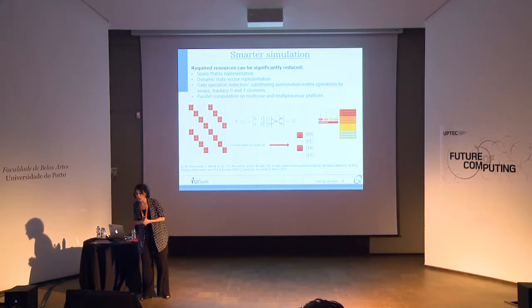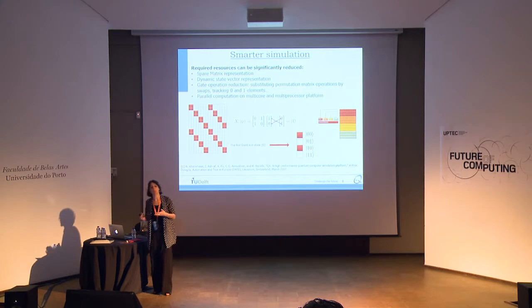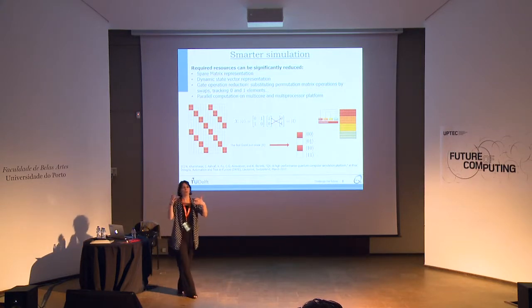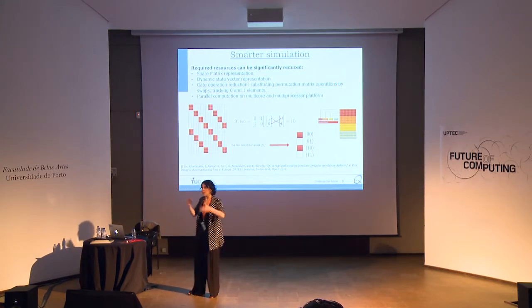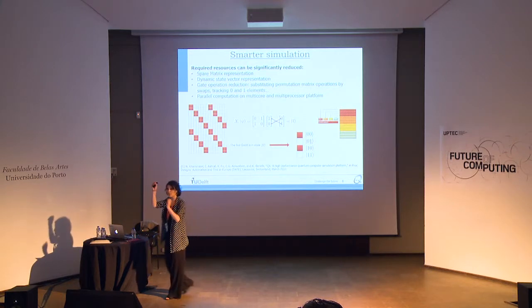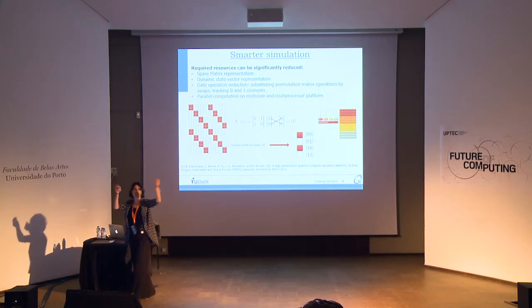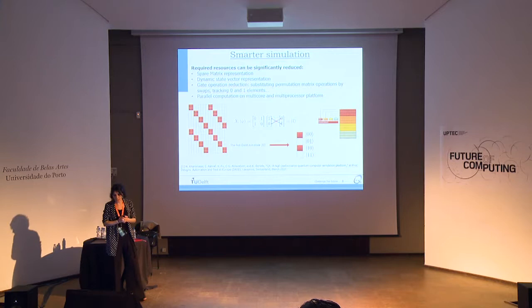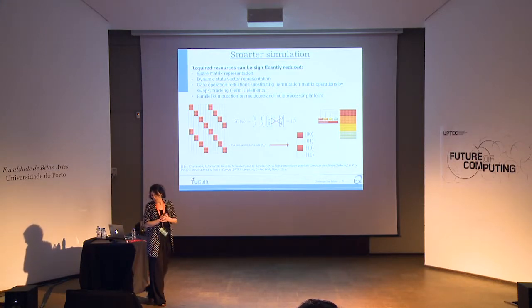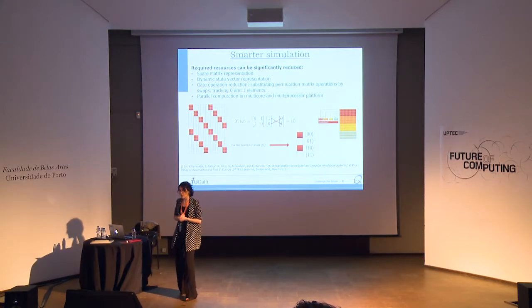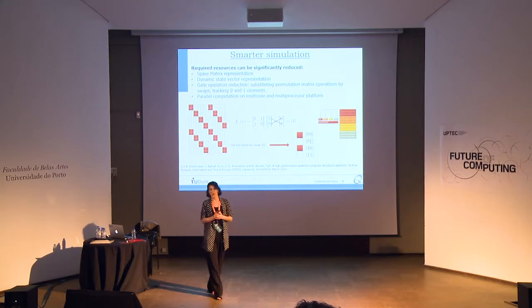You can also perform gate operations without doing the actual vector matrix multiplication, just swapping some elements in your vectors or matrices. And of course, you can always do parallel computation on a multi-core or multi-processor platform.